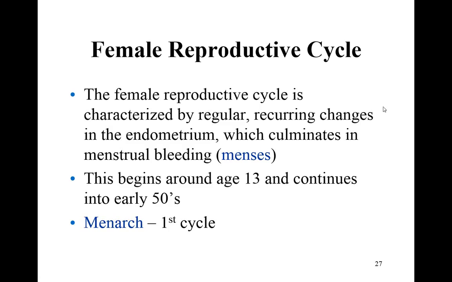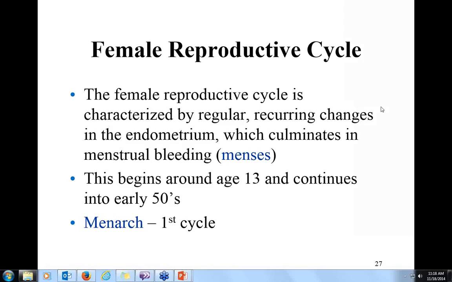But also, we've got multiple organs that we're affecting. In male hormone release, there is some cyclicness to it, but it's mostly a normally occurring thing. Males produce sperm every day.